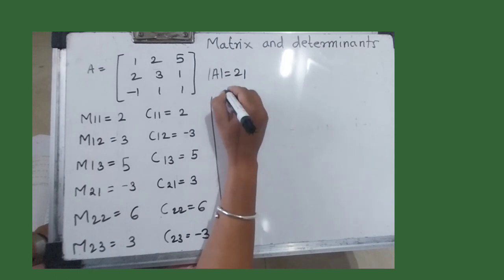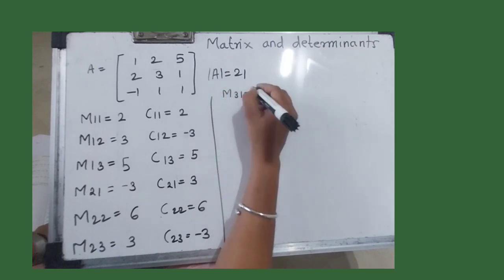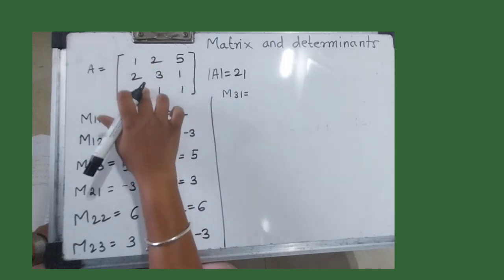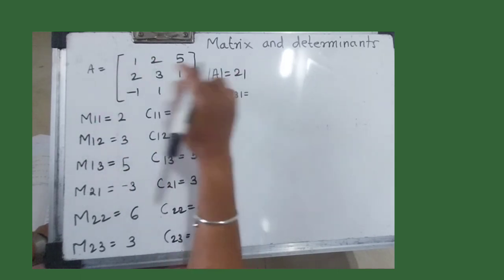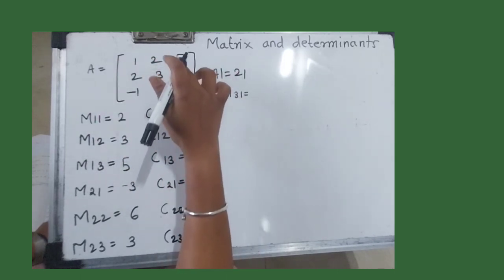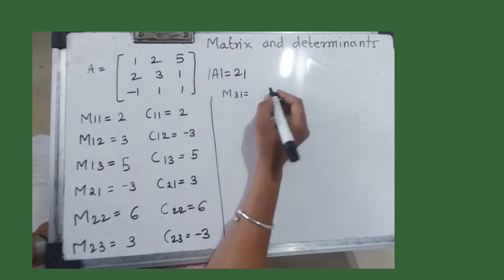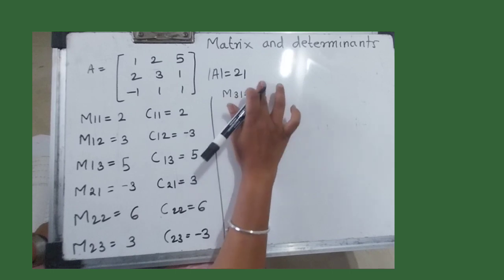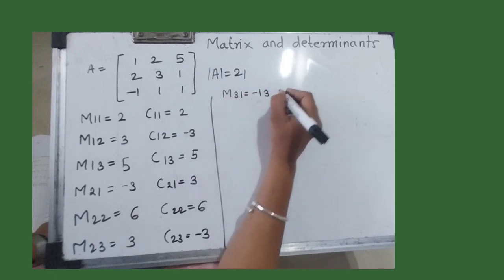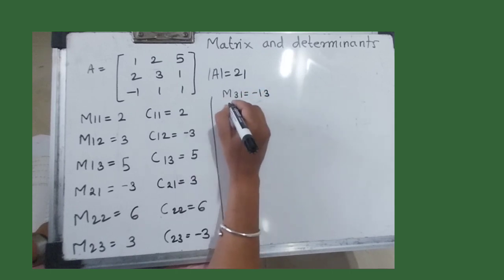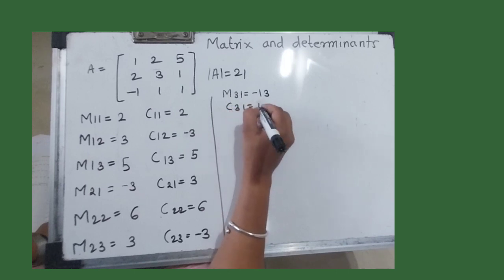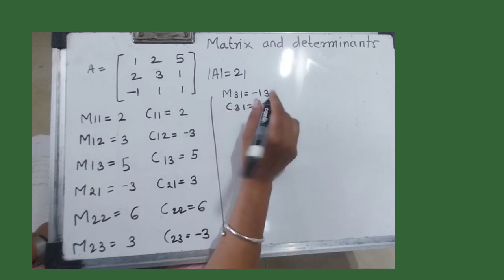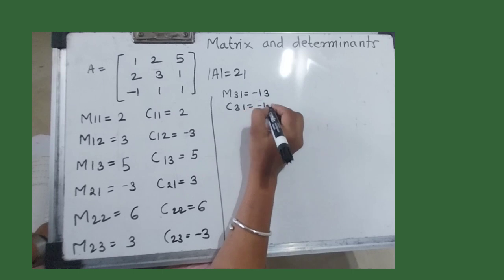Again, M31, third row, first column. So 2 minus 15 is minus 13. So C31 is minus 13, don't change the sign.